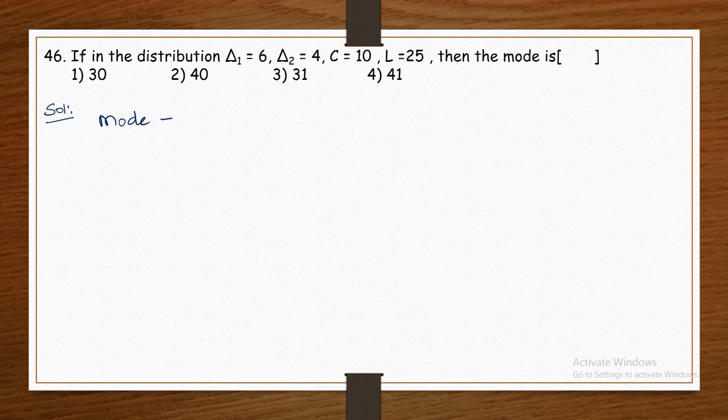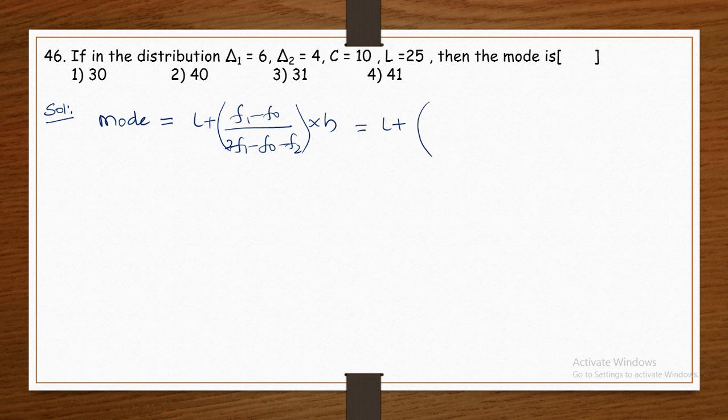the formula of mode. So mode is equal to L plus (F1 minus F0) by (2F1 minus F0 minus F2) into H. So this is nothing but the formula which you have learnt in your 10th classes, right? In some other textbooks, so that is the previous textbooks, the notation is somewhat different. So the notation looks like this.